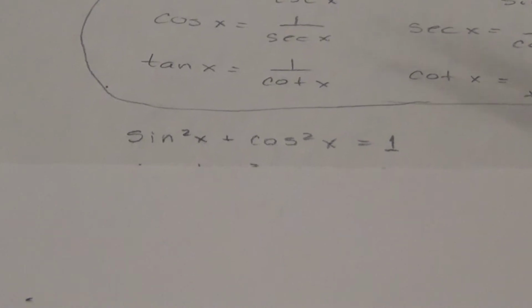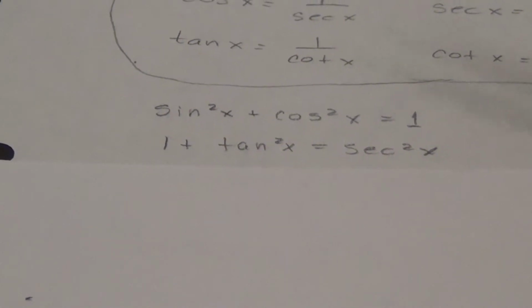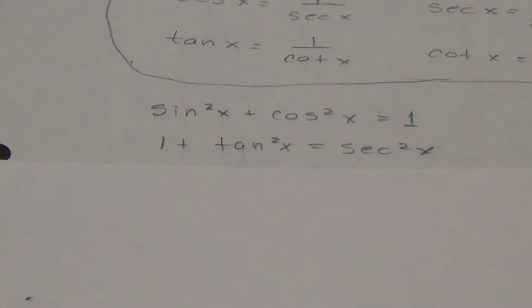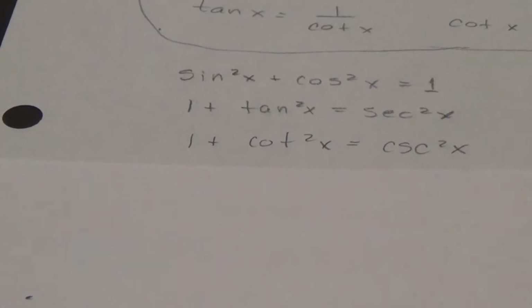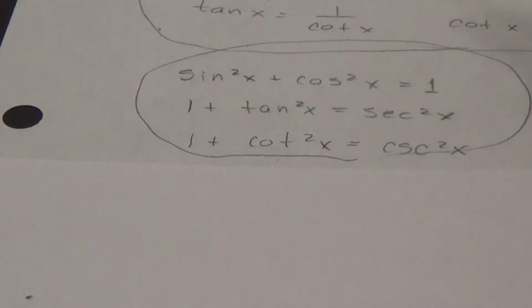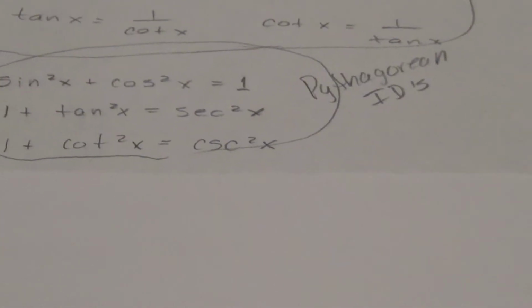And we developed all these earlier. And 1 plus tangent squared is secant squared. Notice all of the trig functions are squared. And lastly, 1 plus cotangent squared is cosecant squared. And this is a group, and we're going to call it the Pythagorean IDs. We did develop them earlier with the Pythagorean theorem.